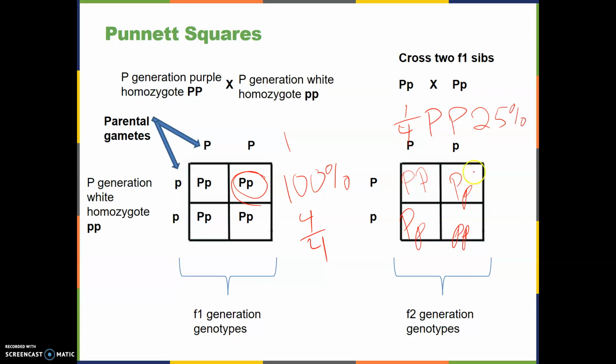There is a 1/2 chance that the offspring will be big P, little p, and you can also represent that as 50%. And then there is, again, a 1/4 chance that the offspring will be little p, and you can represent that as 25%.